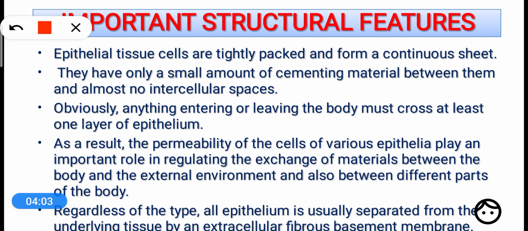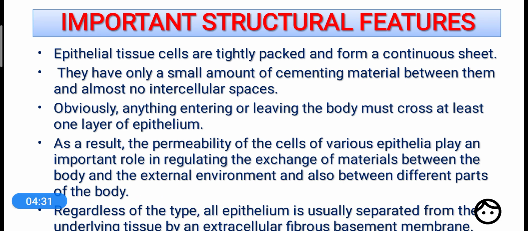Now, different epithelial tissues have different permeabilities, and this permeability helps in regulating the exchange of materials or transport of materials across them. Okay, one important structural feature is that regardless of the type, all epithelia are usually separated from the underlying tissue by an extracellular fibrous basement membrane.